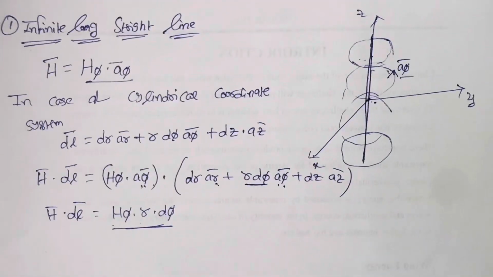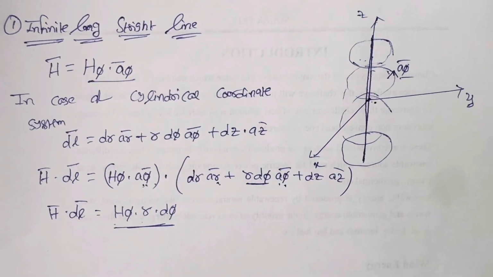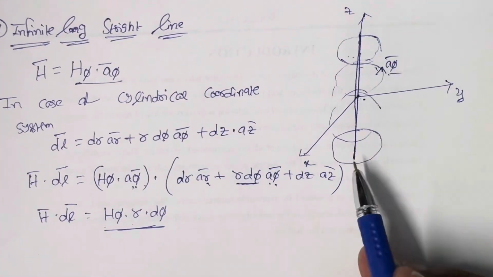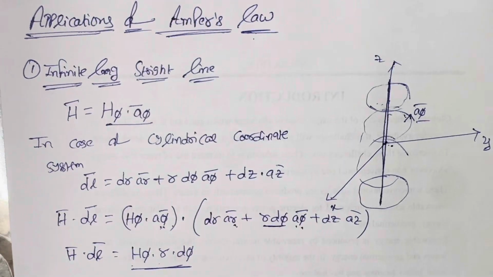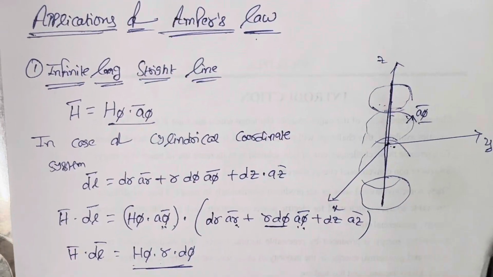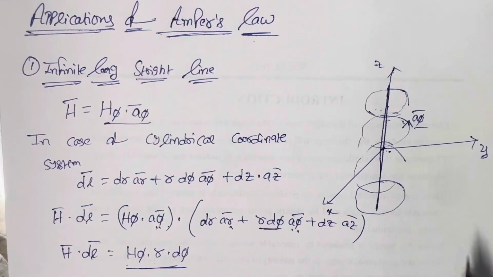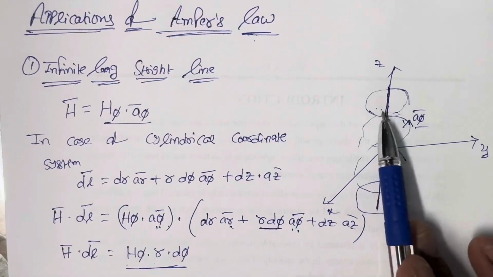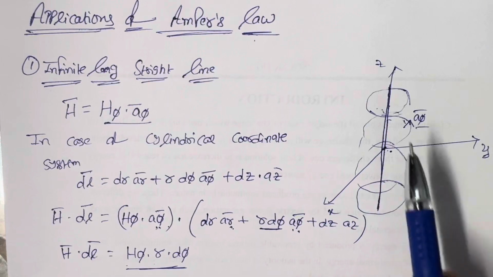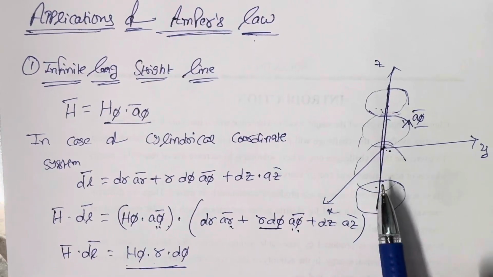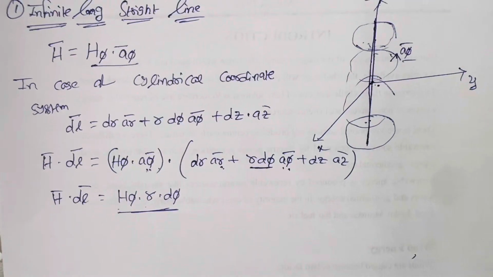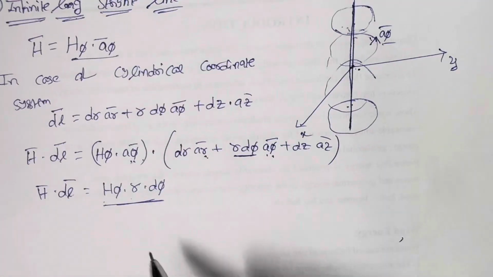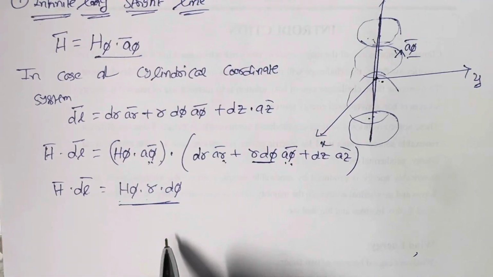Now in this topic we are deriving the expression for the infinite line depending on Ampere's Circuital Law. In this topic, especially, the applications of Ampere's Circuital Law. That means the field intensity of the infinite line is calculated by using Ampere's Circuital Law. In our previous discussion we have already derived Ampere's Circuital Law.